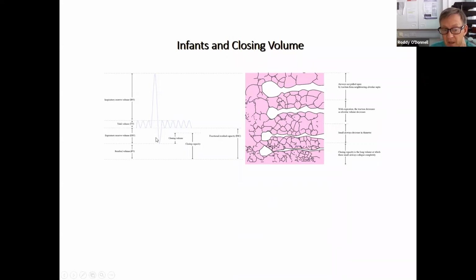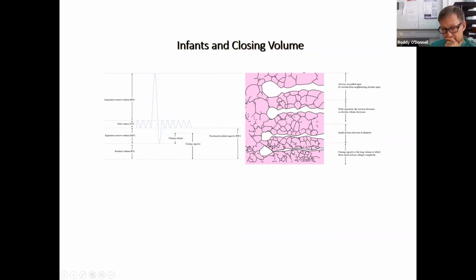But if you were to start to breathe out beyond tidal breathing, you can, in some individuals, reach a volume at which, if you look to the right of the curve, you've got a little bit of closure or narrowing of smaller airways.